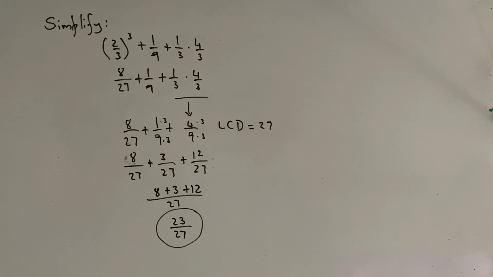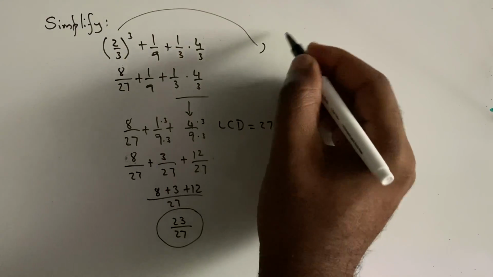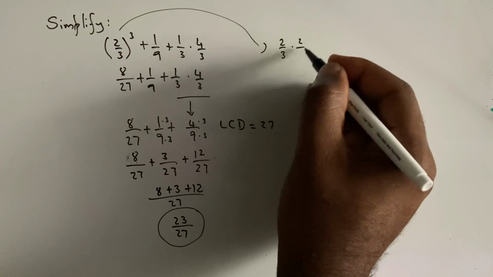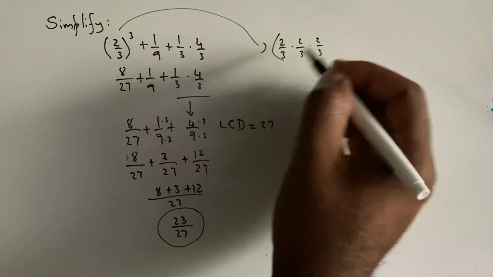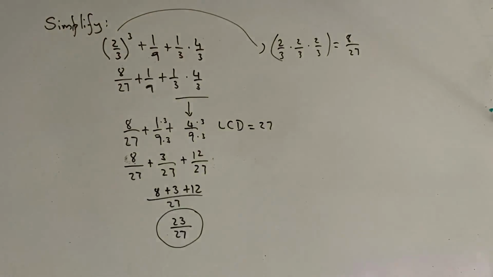But again, I just multiplied fractions and added fractions. One thing you have to know here is that I multiplied 2/3 by itself 3 times, and that's why I got 8 over 27. Remember that.